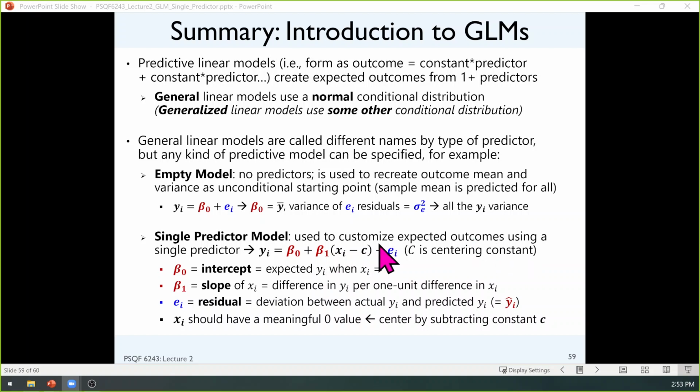And we can put x in as a quantitative predictor, and talk about how y changes per unit of x, going from 1 to 2 to 3 to 4 to 5, or we can put in x as a binary predictor, and a 1 unit change means moving from the group coded 0 to the group coded 1.